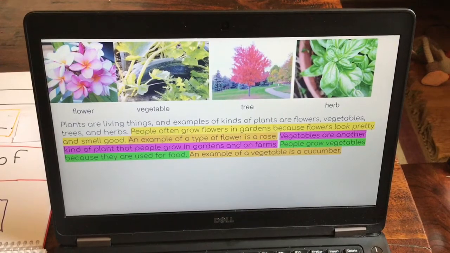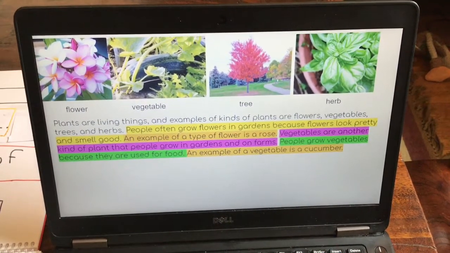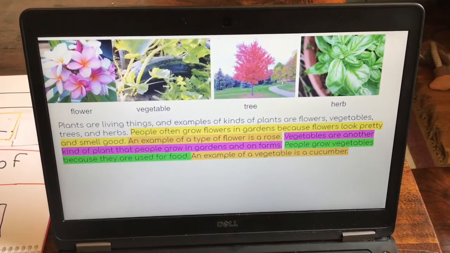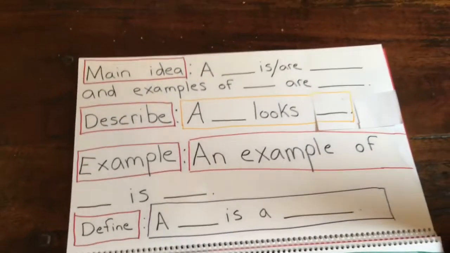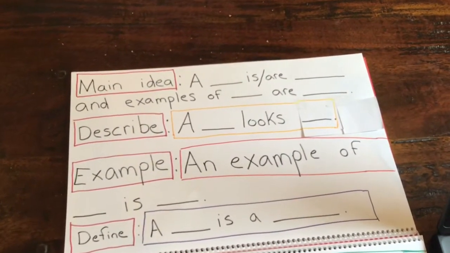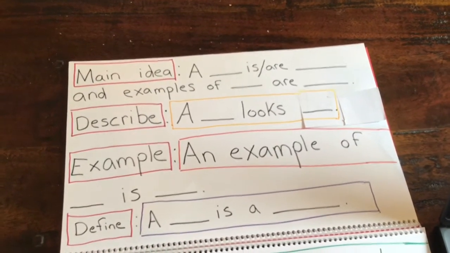Here's another example elaboration technique. An example of a vegetable is a cucumber. And if you look at the sentence frame for example, you will see that I really used that sentence frame. An example of a vegetable is a cucumber.